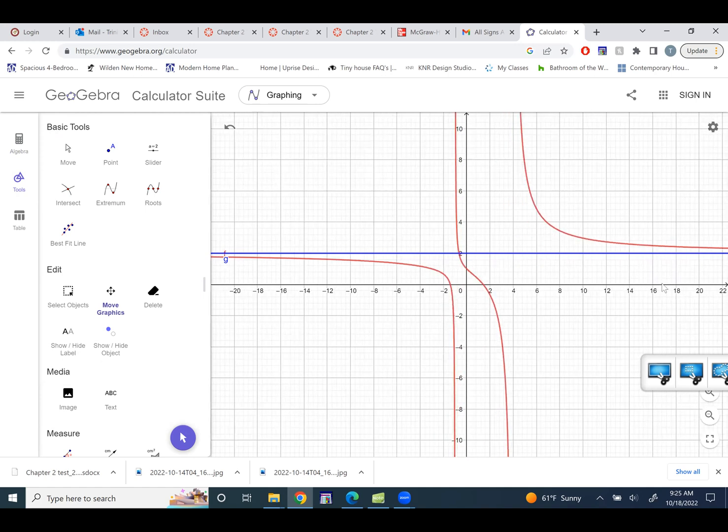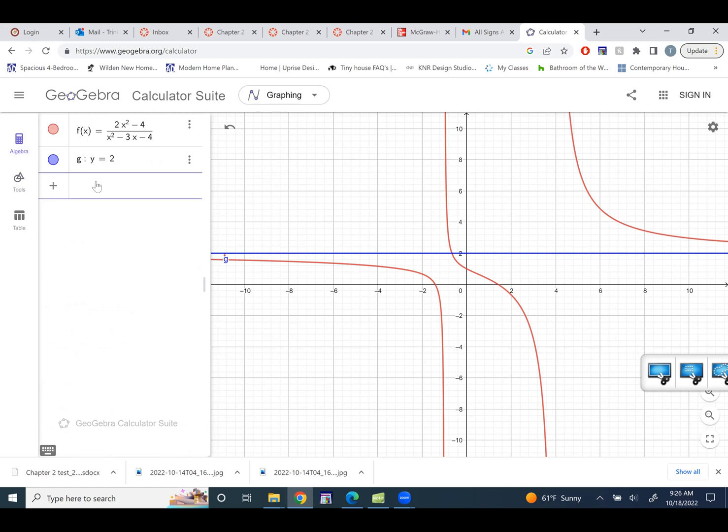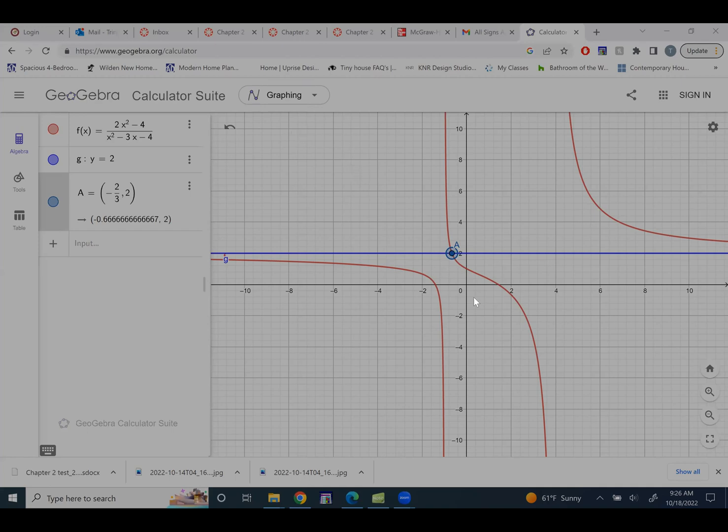Now we said, yes, the graph does cross the horizontal asymptote. Look right here. Of course the y value has to be 2 because it crosses the horizontal asymptote of 2, but we found out the x value too. It's at negative 2/3, comma 2, that's the point where this crosses it. And it's the only point.